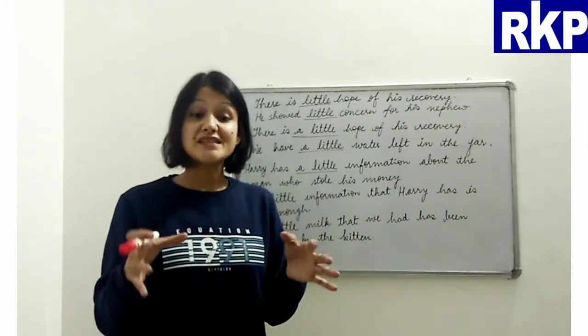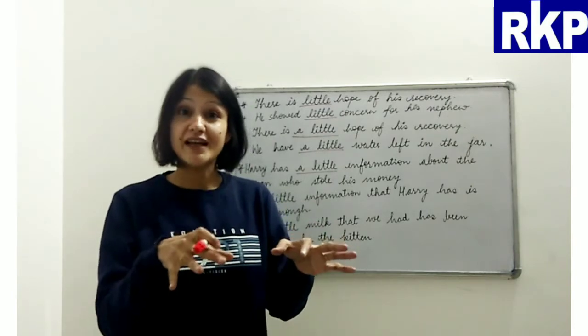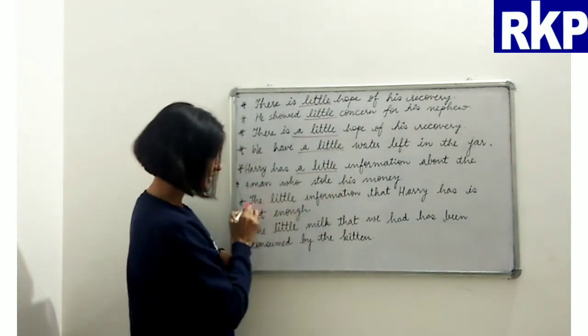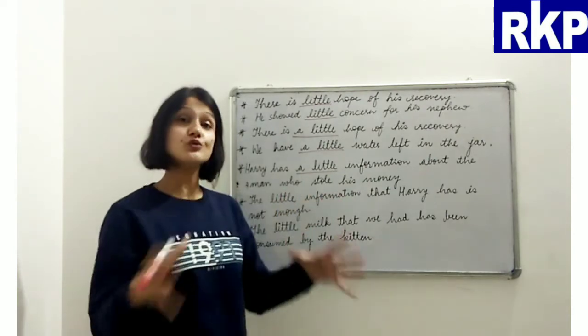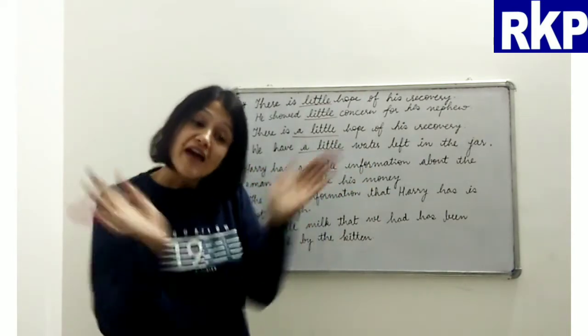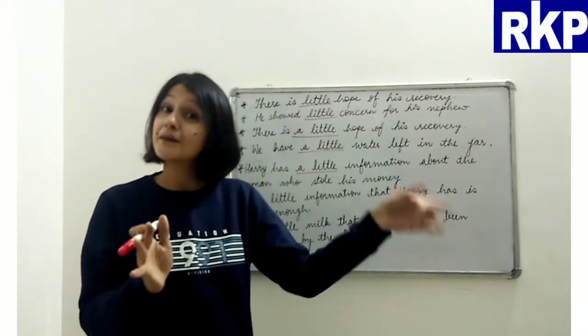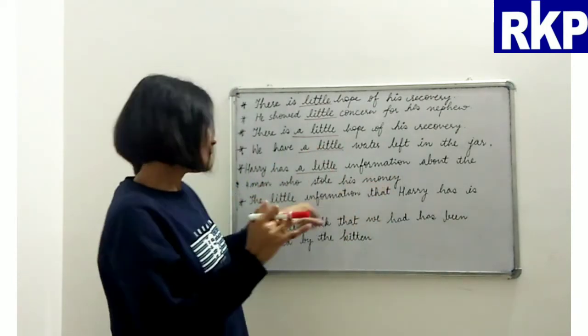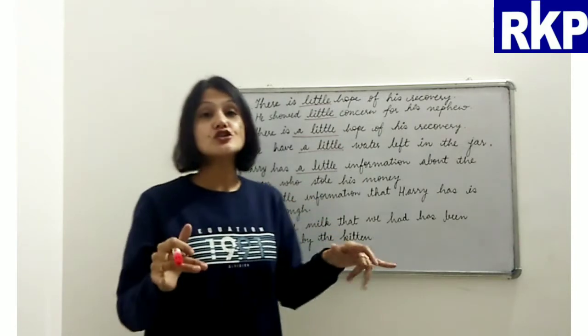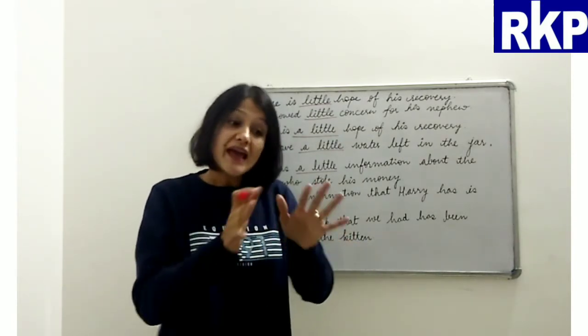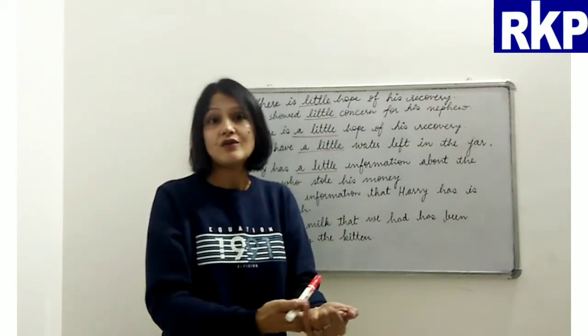So the little information has been used for whatever information he had about that person. So basically the little is used for whatever we have with us, whatever is available, right?